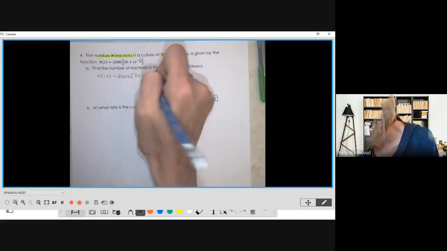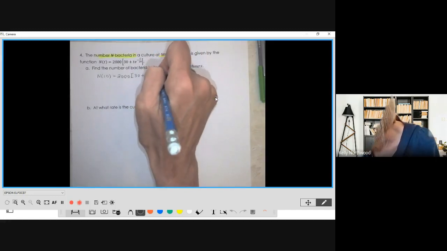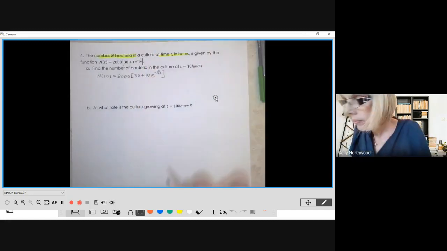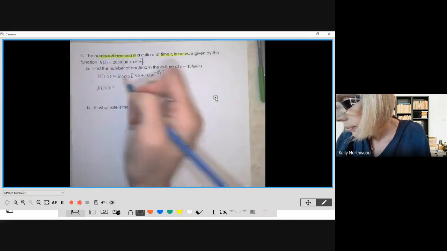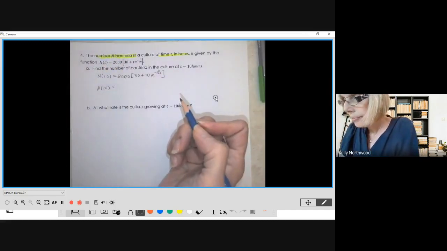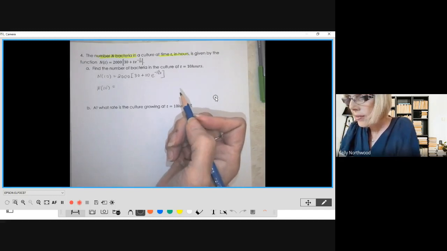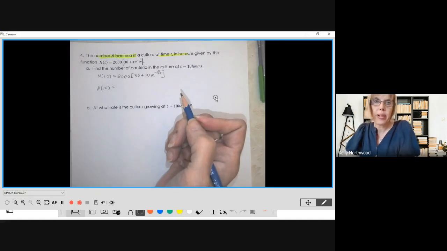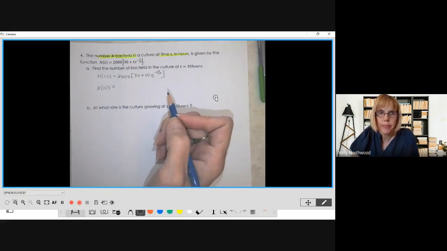So this is where we've got to make sure we can use our calculator. So we can give an exact answer, but we can also give an approximate number, which for a word problem, we normally want an approximate one.